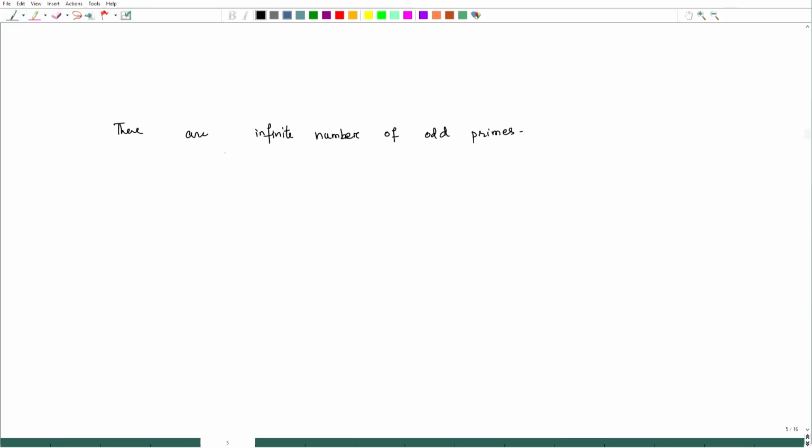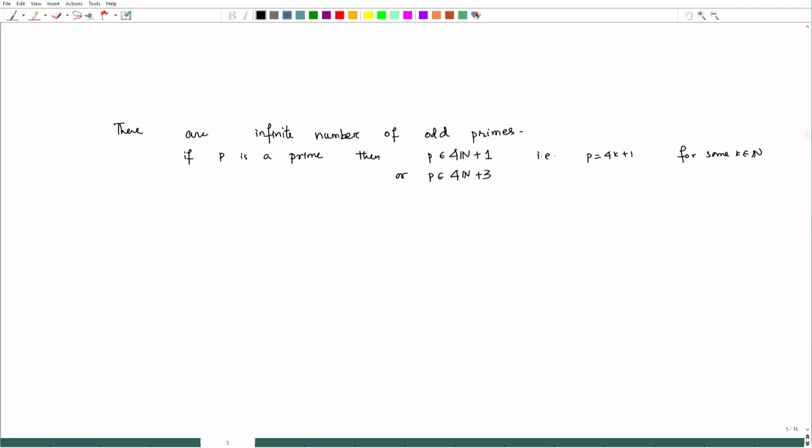That means, if P is a prime, then P either belongs to 4n plus 1, that means P is of the form 4k plus 1 for some k, or P belongs to 4n plus 3.